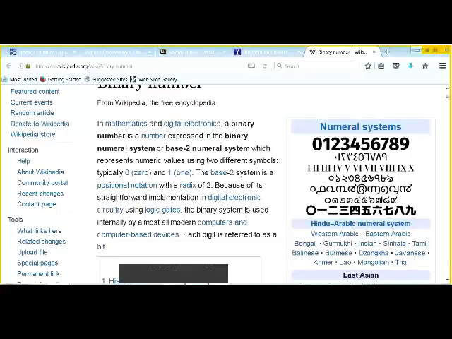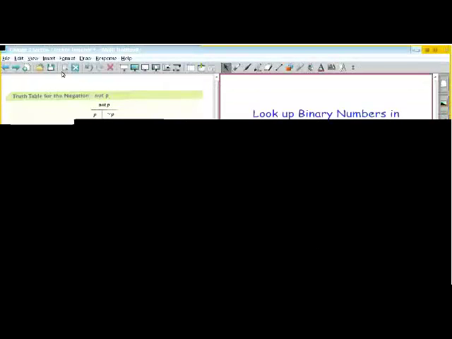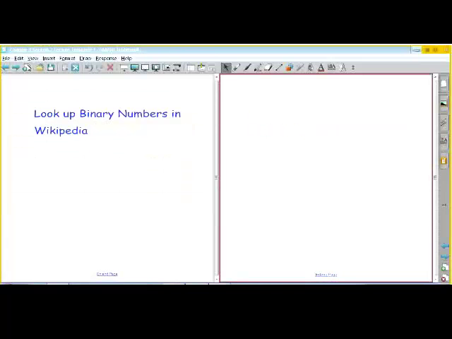So I'm going to demonstrate something here. We'll come back to that in a second. If you want to do some simple binary arithmetic, first let's see how we would represent numbers that we're used to in binary numbers.